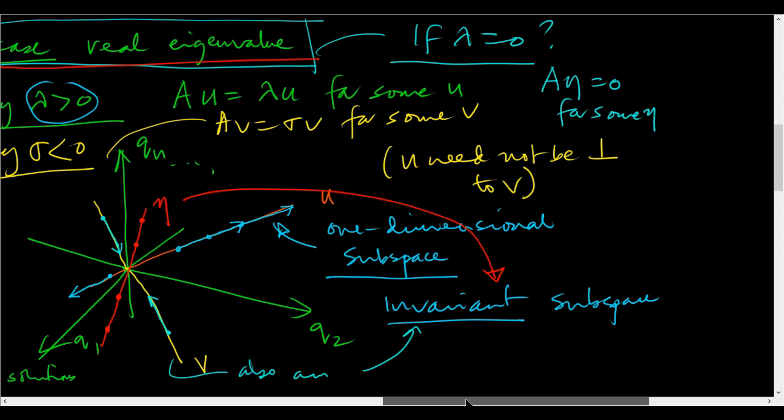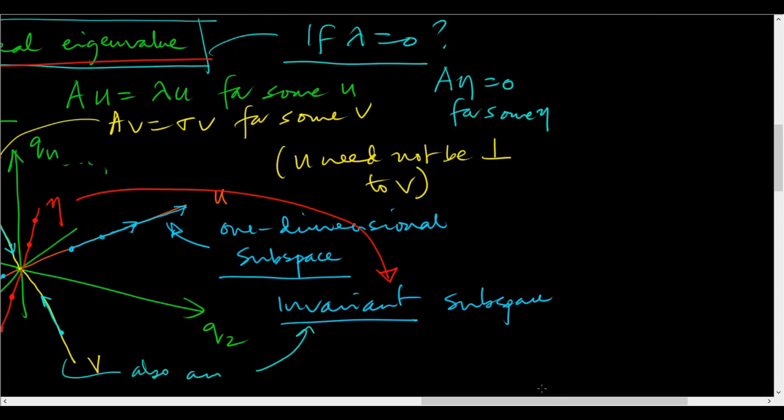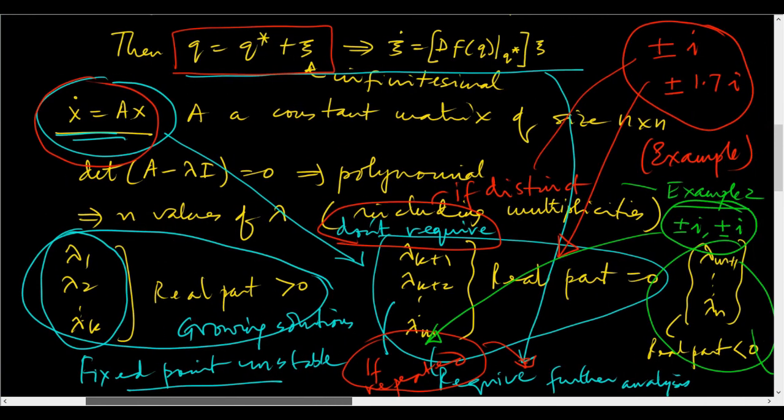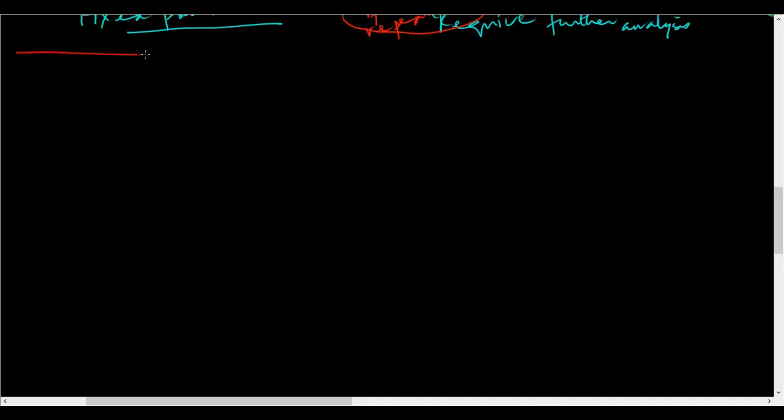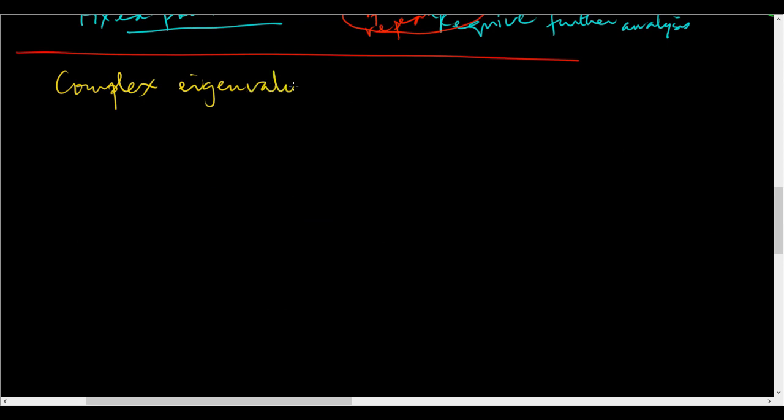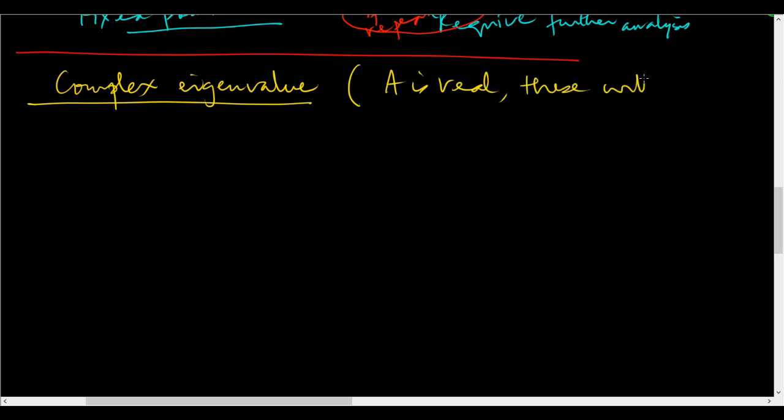Now let's go to the complex eigenvalue case. Okay, so as you know, because A is real, these will occur in complex conjugate pairs.